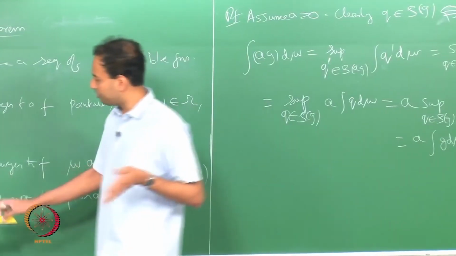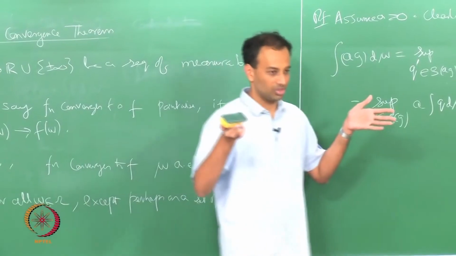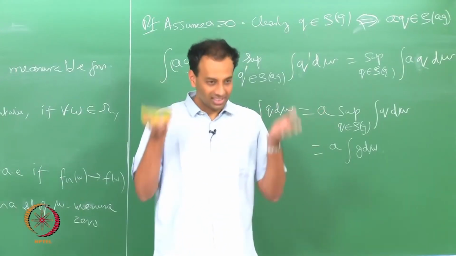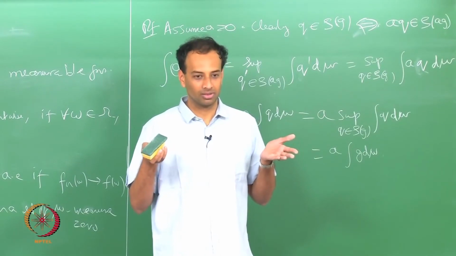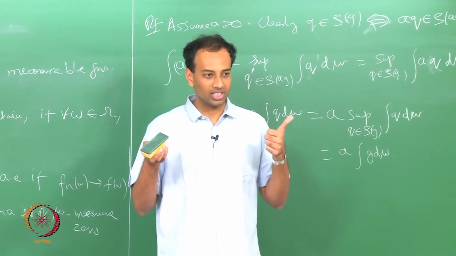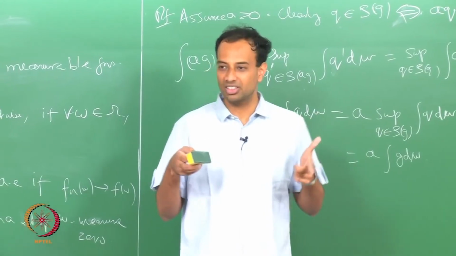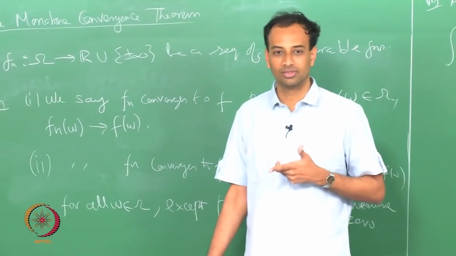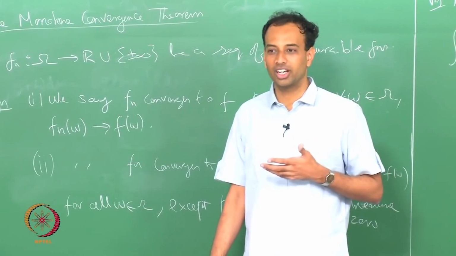So, integrating f n d mu gives you a sequence of real numbers. Now the question is, does that sequence converge at all? That is question number 1. If it does converge, does it converge to the integral of f d mu? That is the question we are trying to address.